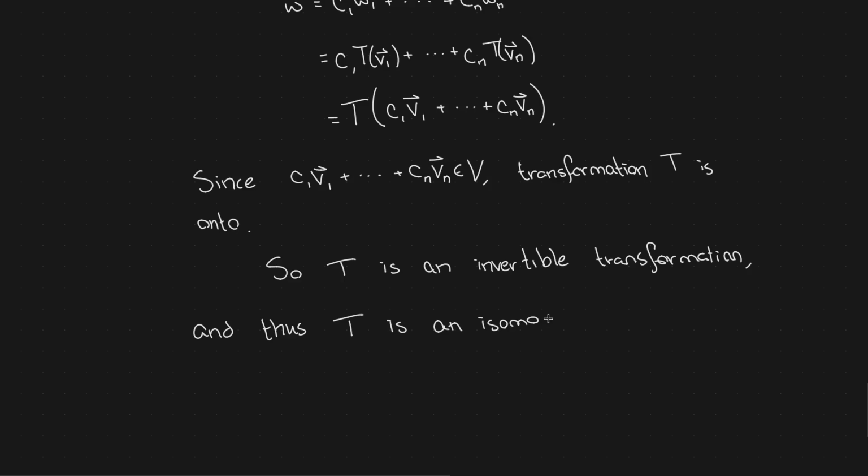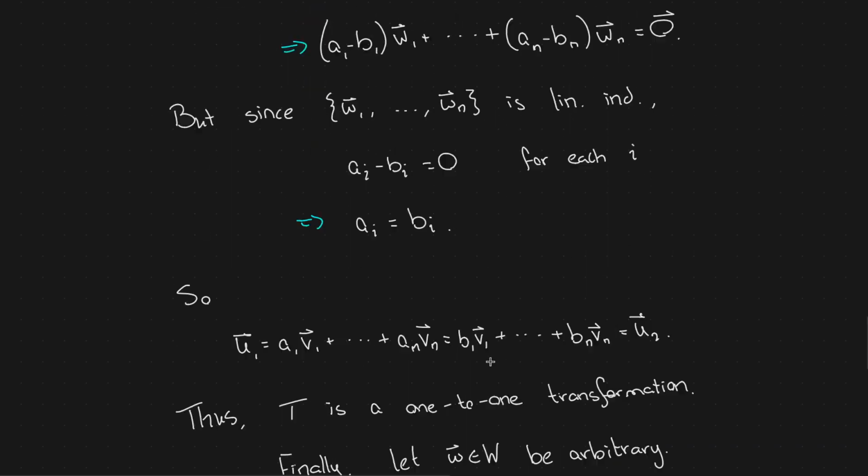Remember, an invertible linear transformation, I should say linear here. An invertible linear transformation is an isomorphism. That's the definition. And if T is an isomorphism, that means V and W are isomorphic to each other. And so that proves it.